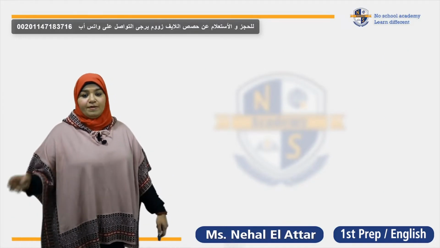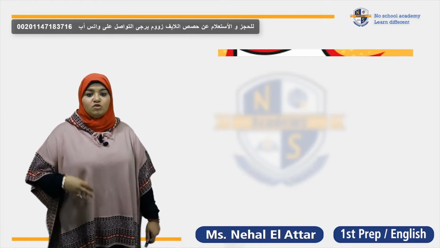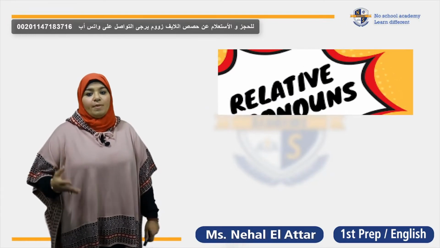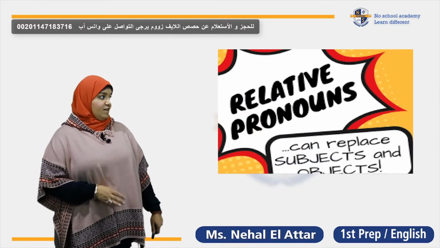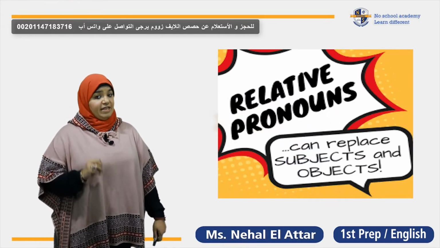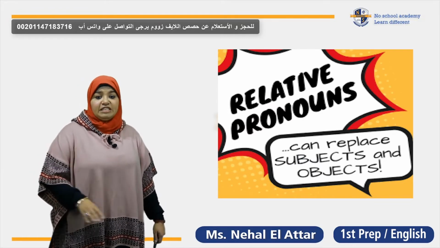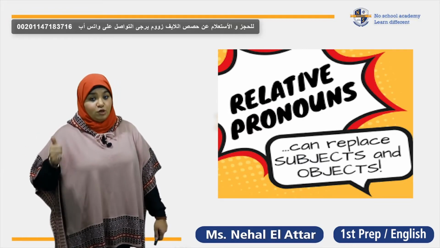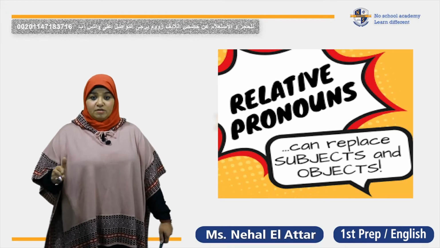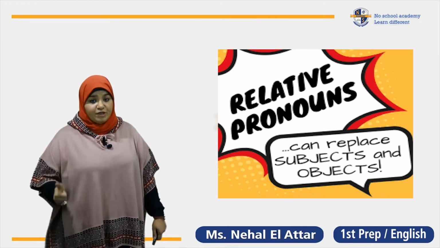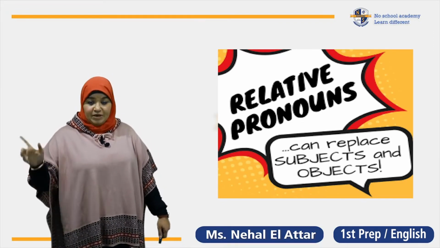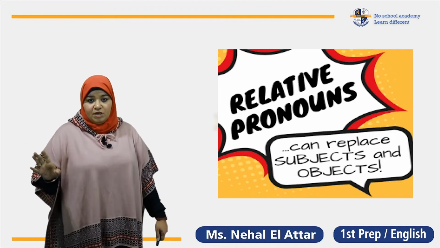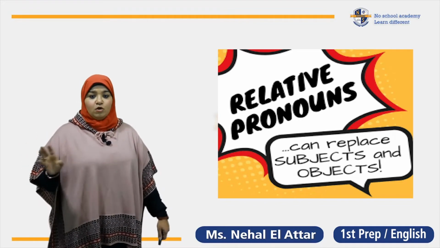What if the relative pronoun is replacing or expressing the object of the sentence? In this case, you can easily omit it, whether it's who, which, or that. Whether you're talking about a person, an object, or an idea.